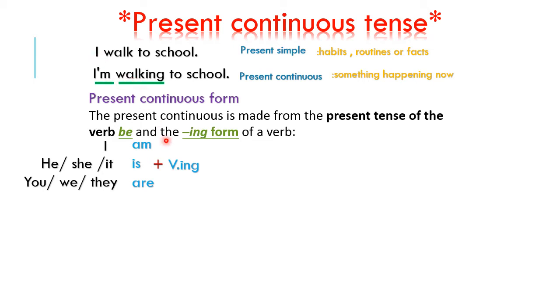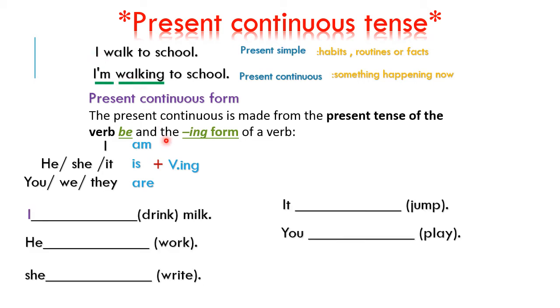Excellent. Now, let's have some examples and try to form the verbs into present continuous. Okay, so I have between brackets here the verb and I have to change the verb into present continuous. The first example, I drink milk. So what am I supposed to do in order to change drink into present continuous?